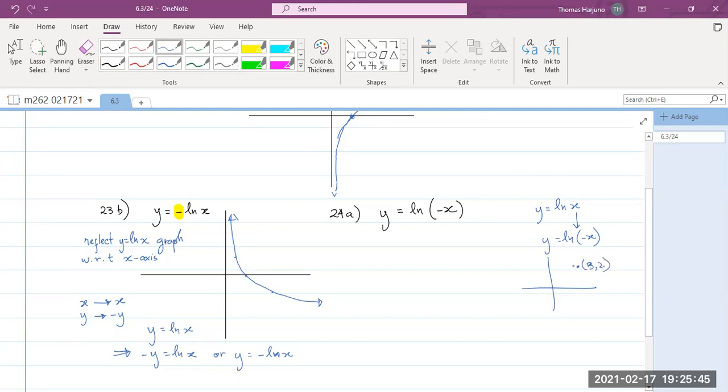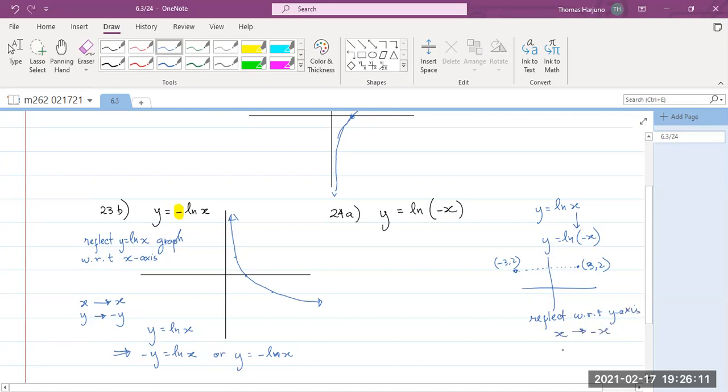When you reflect with respect to the y-axis, the x becomes negative, but the y stays the same. So in general, when you reflect with respect to the y-axis, the x becomes -x, while the y stays the same. Which is what happened in this equation, from the original y equals ln x to ln -x, right?